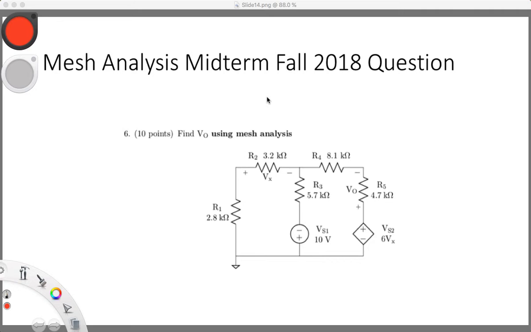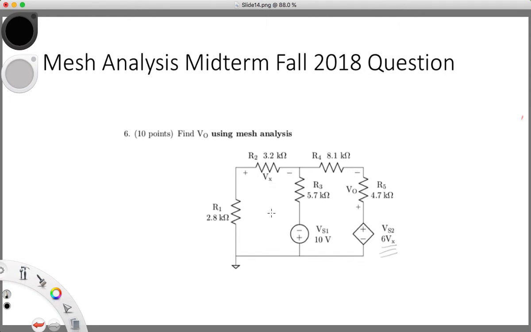So this question is a little tricky, and the trickiness comes about simply because of the dependent voltage source here. This VS2 is a dependent voltage source, so it's got a diamond shape, and it depends on Vx, which is defined over here.